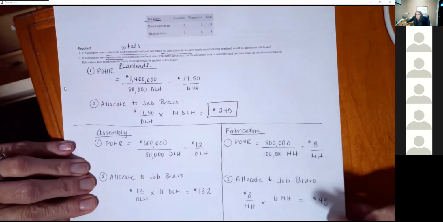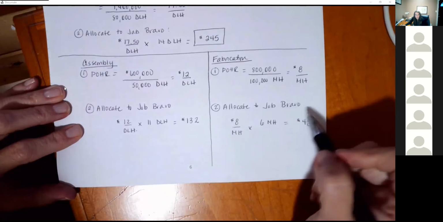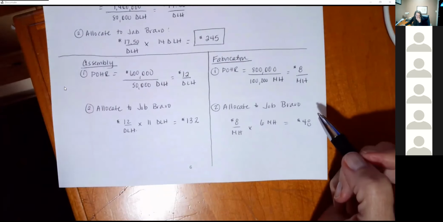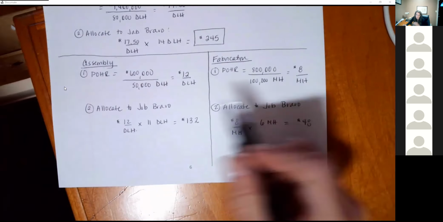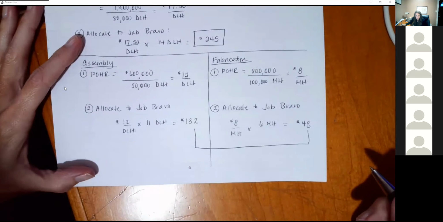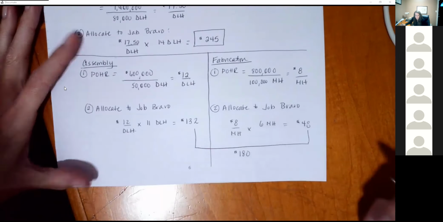Okay, so you get 48 from the fabrication costs allocated to job Bravo. So your total manufacturing overhead allocated to this job is going to be the sum of these two numbers. So you get 180.